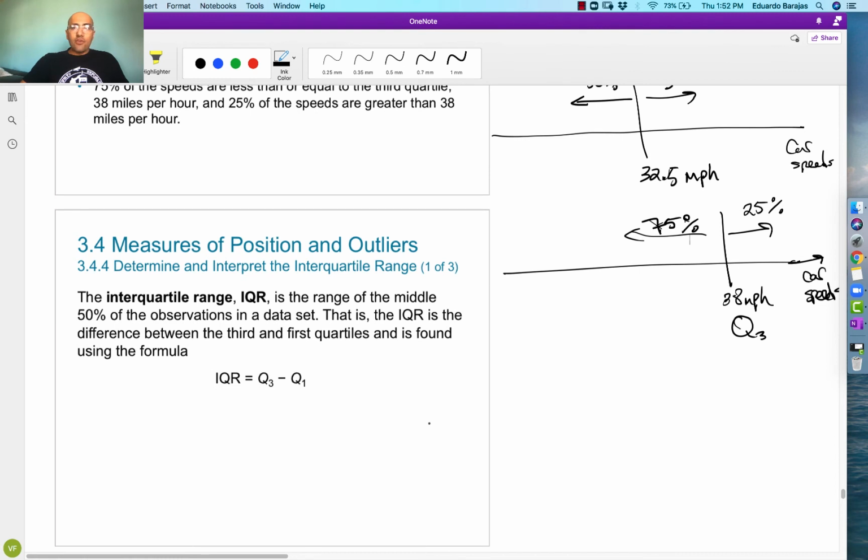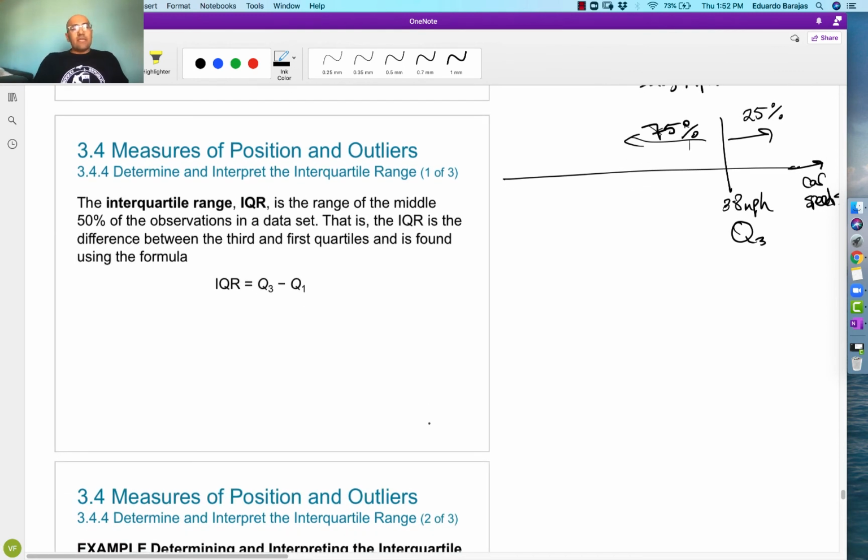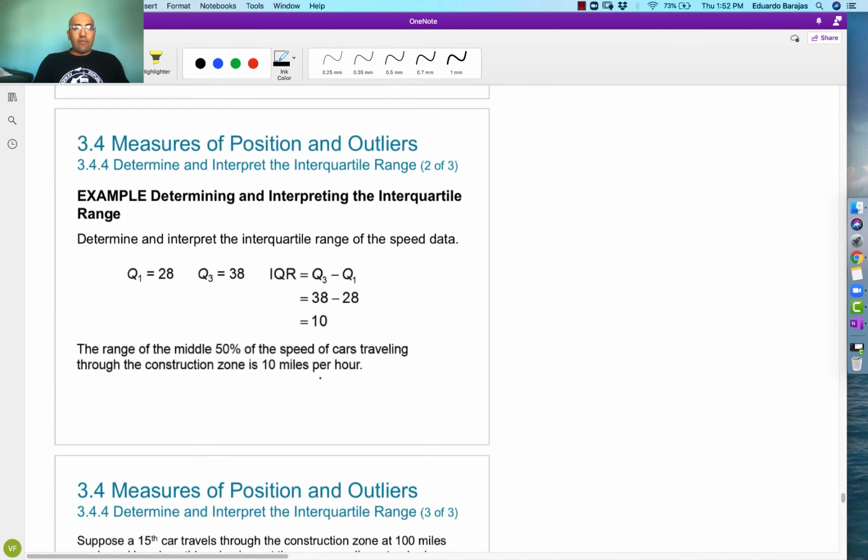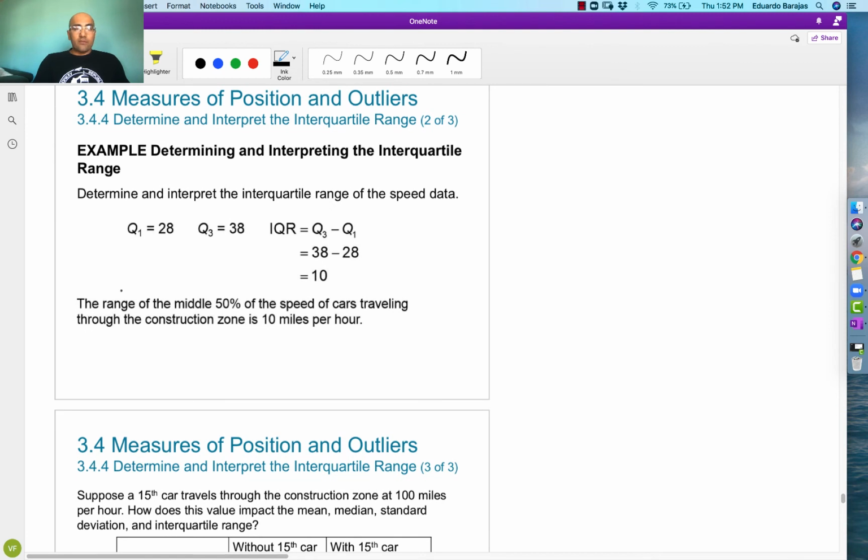Okay, the IQR, the interquartile range, is the range of the middle 50% of the observations of the data. That is, the IQR is the difference between the third quartile and the first quartile. All we have to do is find the quartiles and subtract them, Q sub 3 minus Q sub 1. That's how we find the IQR. So in our little example, we found that Q sub 1 was 28 and Q sub 3 was 38.